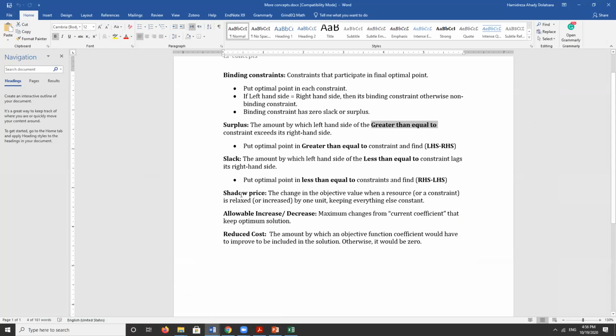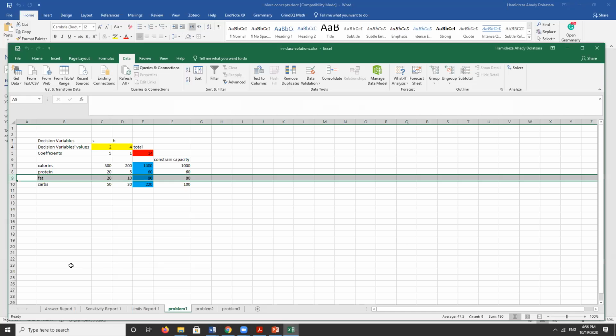This is a more technical definition. For greater or equal, we call it surplus, for less or equal, we call it slack. But in some software, they define both of them in the same way. They call both of them slack. Let's look at Excel.